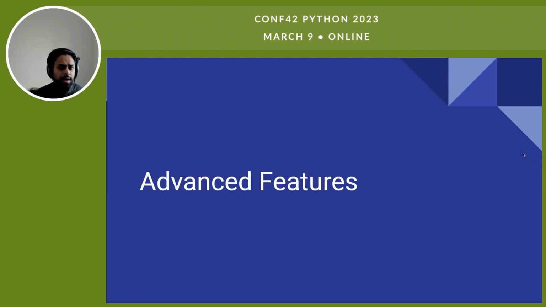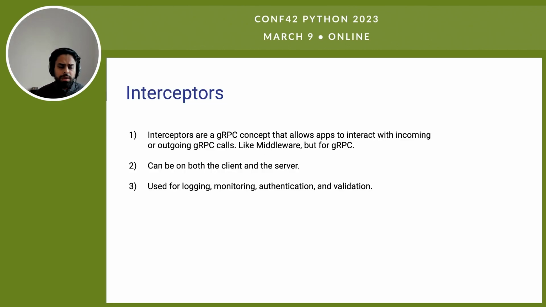Okay, so now let's look at some advanced features that gRPC provides. We're going to start by looking at interceptors. So what are interceptors? Interceptors are a gRPC concept that allows apps to interact with incoming or outgoing gRPC calls.